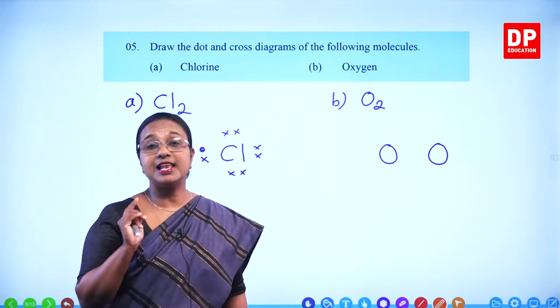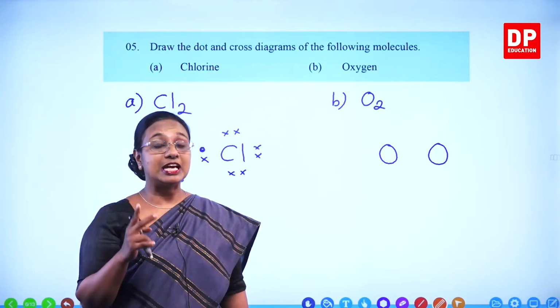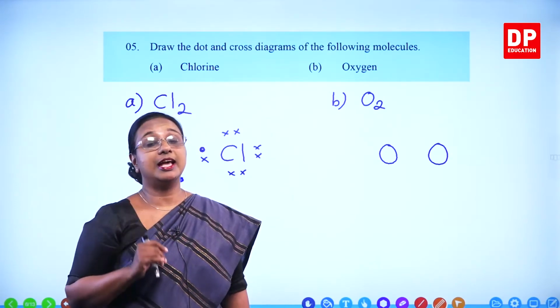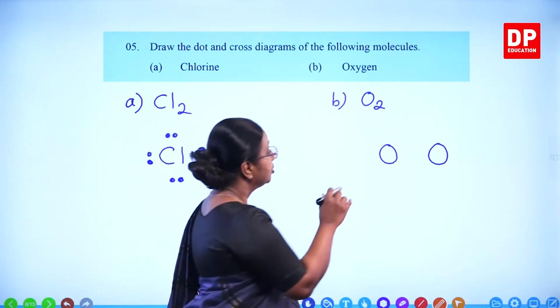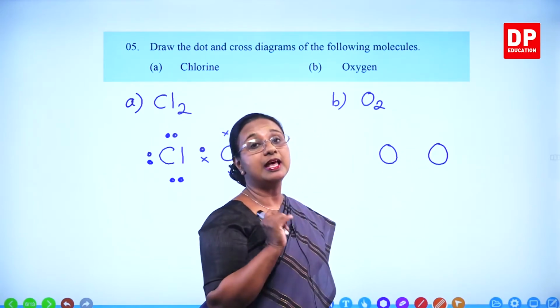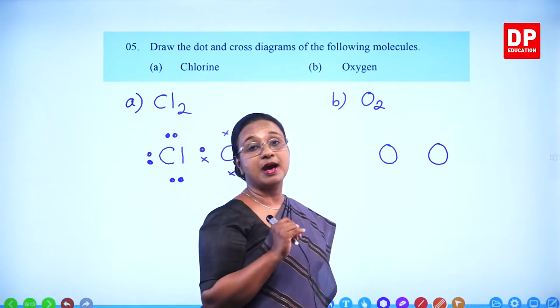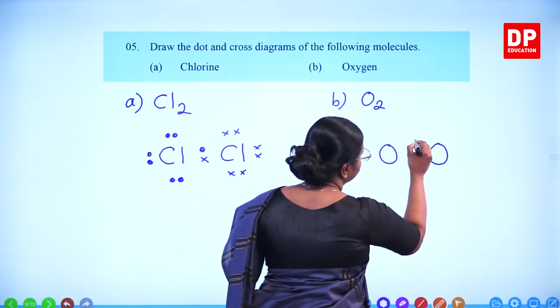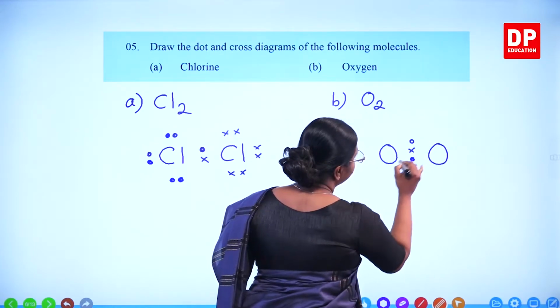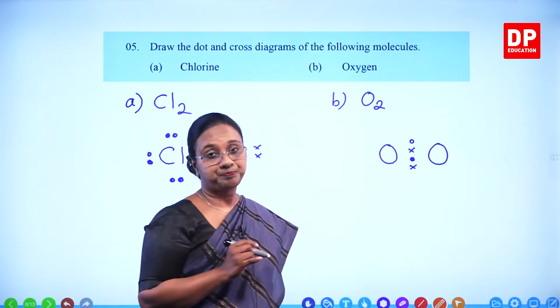It has only 6 electrons in the valence shell. It has to form 2 bonds in order to achieve the octet electronic configuration. So then we need to show 2 pairs of bonded electrons or 2 bond pairs of electrons. So a dot, cross, dot, cross. So one pair, the second pair.